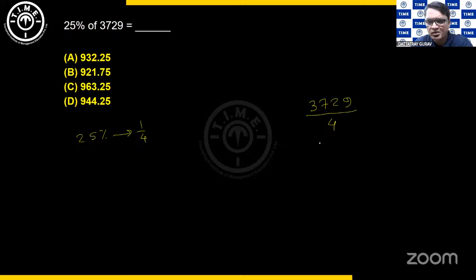What is the starting number? 9 4s are 36. 1 carry forward. Next number will be 12 divided by 4, which is 3. Next 9 divided by 4 will be 2. 1 remaining. So starting with 932. And there is only one option starting with 932. So option A is the answer.